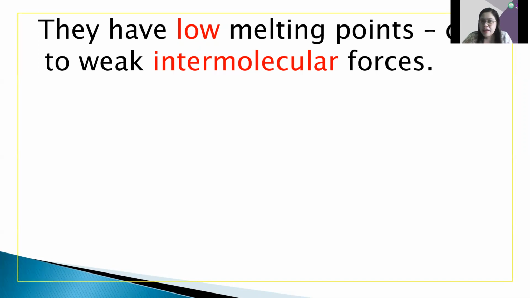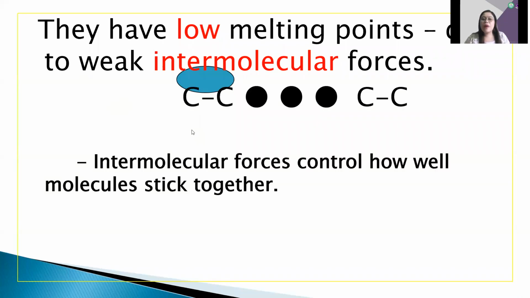Aside from that, organic compounds have low melting points due to weak intermolecular forces, the forces that make molecules stick together. That's the reason.